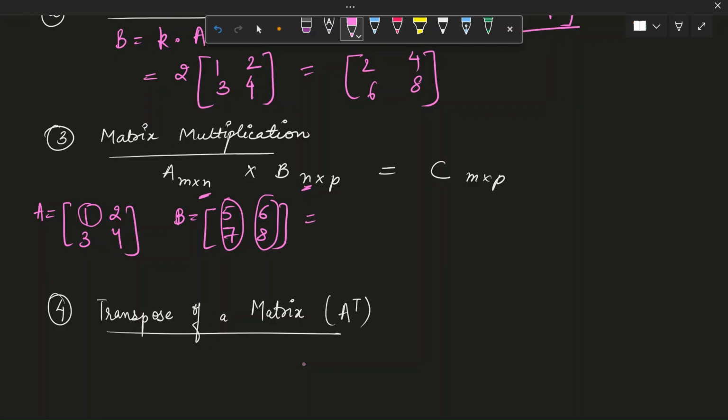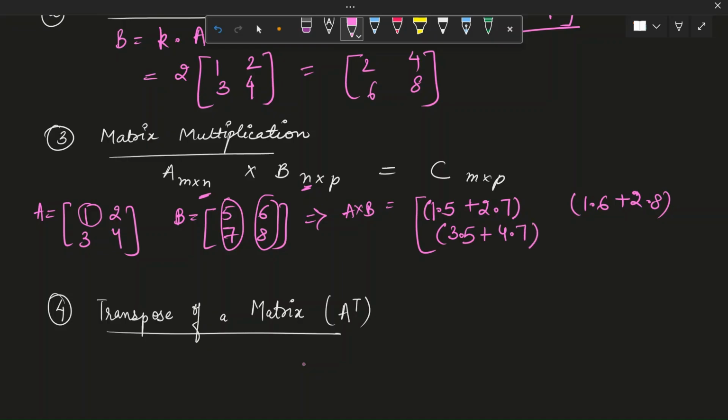So A cross B would be 1 times 5 plus 2 times 7, then 1 times 6 plus 2 times 8. Next 3 times 5 plus 4 times 7, then 3 times 6 plus 4 times 8.